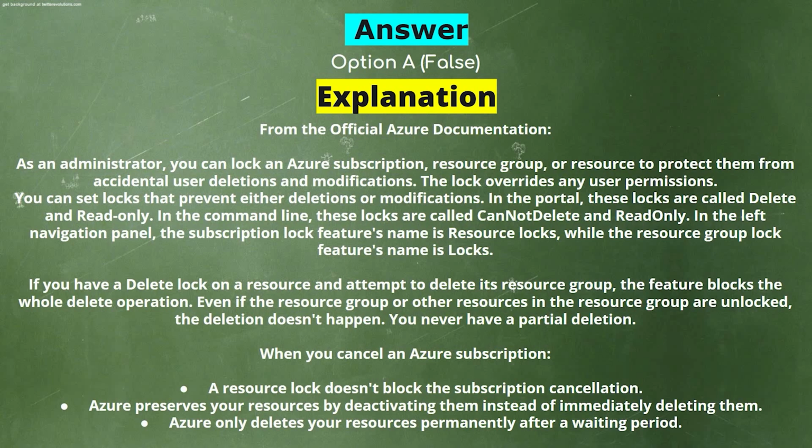You never have a partial deletion. When you cancel an Azure subscription, a resource lock doesn't block the subscription cancellation. Azure preserves your resources by deactivating them instead of immediately deleting them. Azure only deletes your resources permanently after a waiting period.